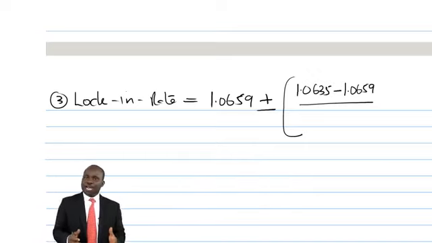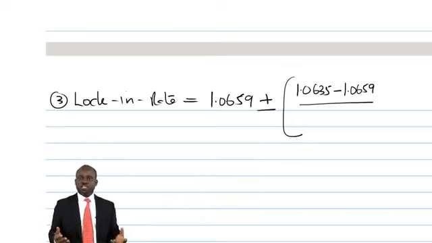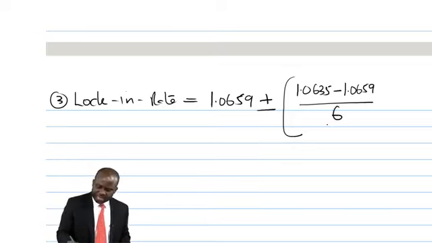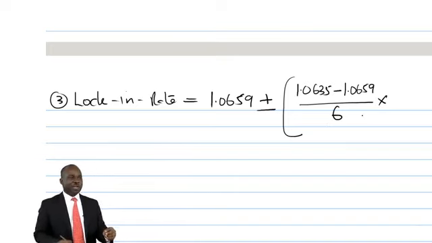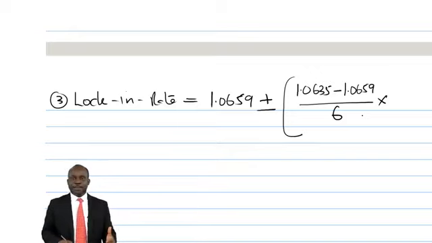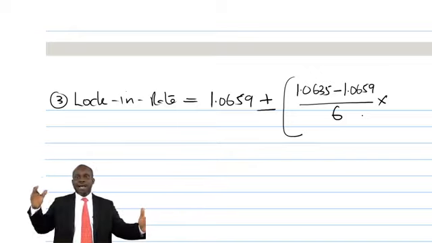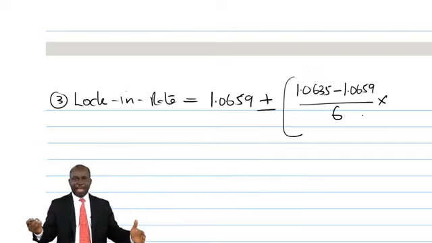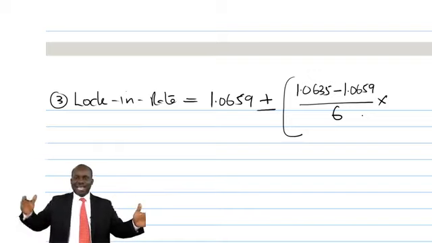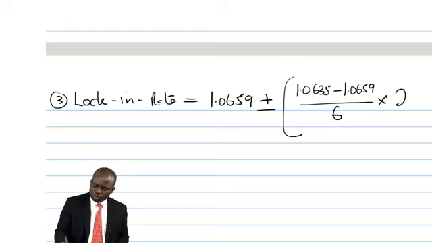They said 6-month expiry, so it will expire in 6 months' time. I divide by 6, multiply by the period from my transaction date up to the maturity date. Maturity date is 6 months from now. My transaction date is 4 months from now, that is when I have to pay. So between 4 months and 6 months, it's going to be 2 months.